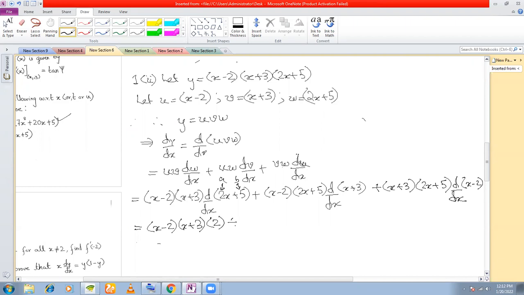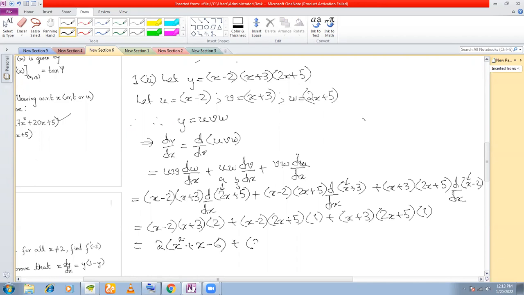This is into 2, plus x minus 2 into 2x plus 5. d/dx of ax plus b, coefficient of x here is 1, so this will simply be 1, plus x plus 3 into 2x plus 5. Again, x minus 2, coefficient of x here is 1, so this will again be 1. So you simply get twice x minus 2 times x plus 3.